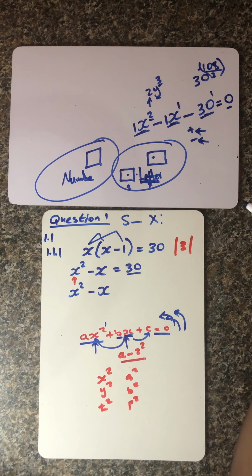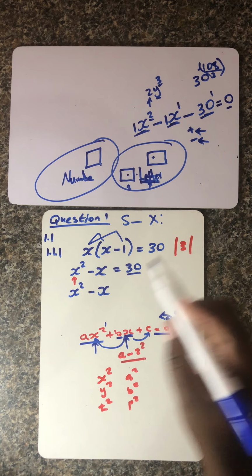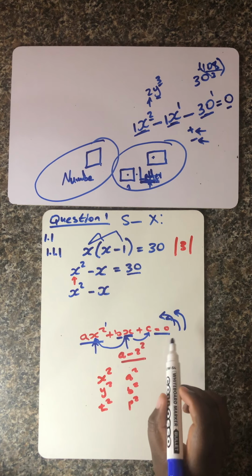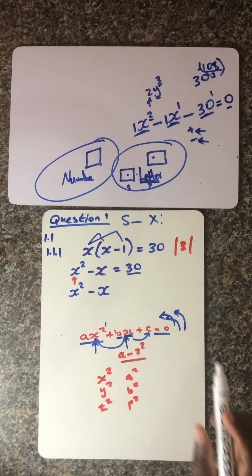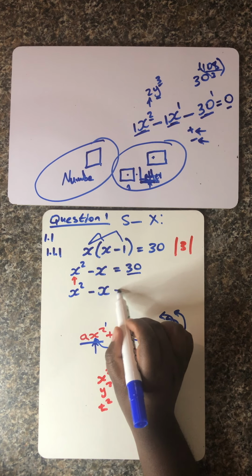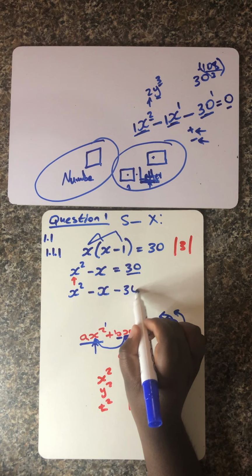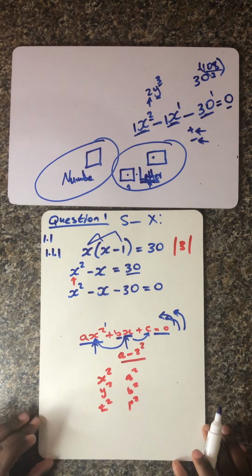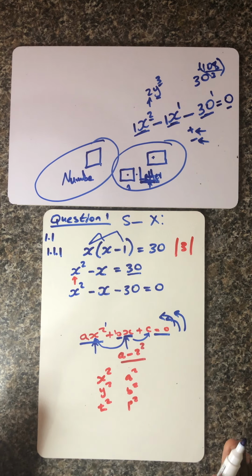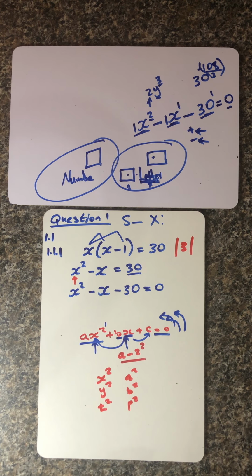Okay, so now let's continue with our question, guys. So obviously I've just explained that we move everything to the left. Okay, so remember, it changes a sign, then you have minus 30 and it's equated to 0. Okay, guys, you should ask yourself this type of questions if you don't understand.